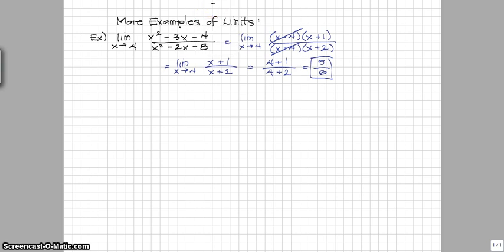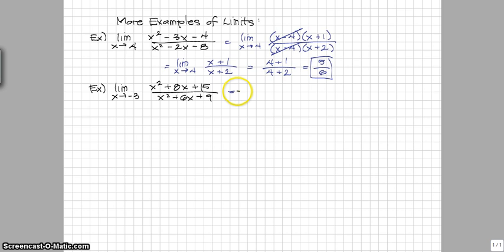And just so that you don't start to get the impression that every time we have an indeterminate form, we must actually have a limit if we can just rearrange things correctly, let's look at this next example. We're going to say the limit as x approaches negative 3 of x squared plus 8x plus 15 divided by x squared plus 6x plus 9.